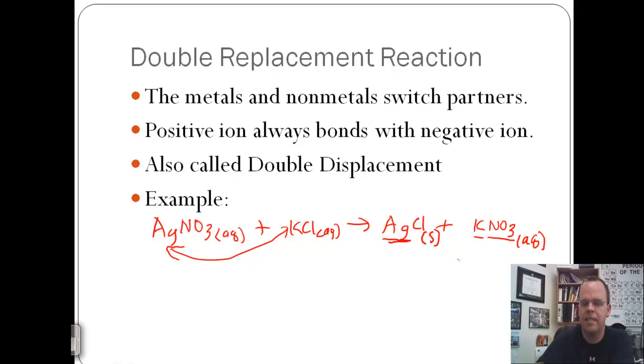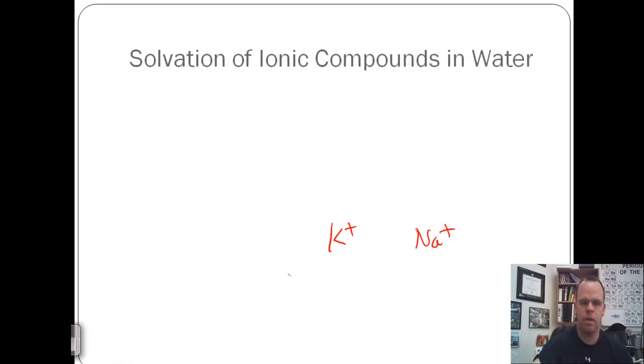Nitrate salts and potassium salts both are always aqueous, so that's why this is aqueous. If you look at our original starting materials, silver nitrate has nitrate in it, so it is always aqueous. Potassium is always aqueous. Chloride is aqueous with everything except lead, silver, and mercury. So in this case, both ions would tell you that it is definitely aqueous.